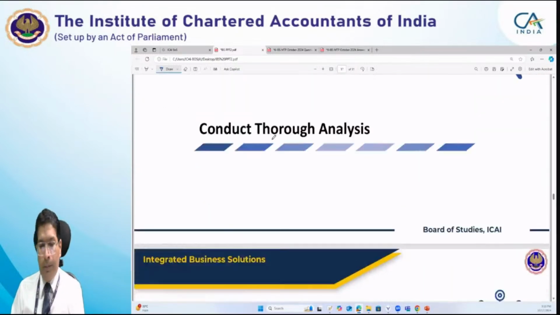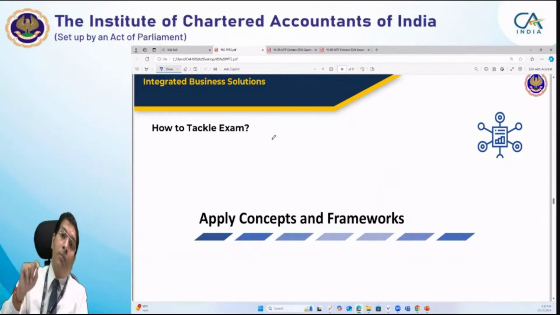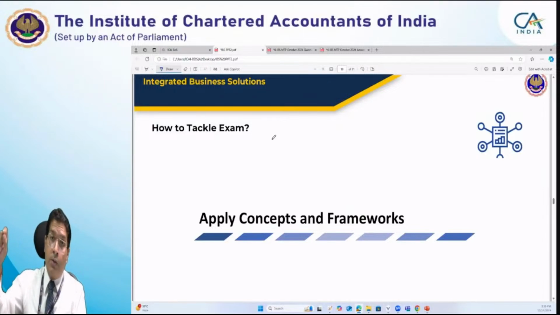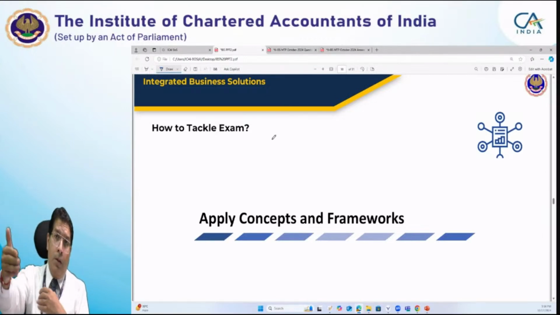Apply concepts and frameworks. When I was reading the questions, I came to understand there may be a question based on Ind AS 109. There may be a question based on Section 185, 186 of the Companies Act. There may be a question on Section 197 of the Companies Act and Rule 5, etc. Try to connect the information given with the concepts you have studied earlier.